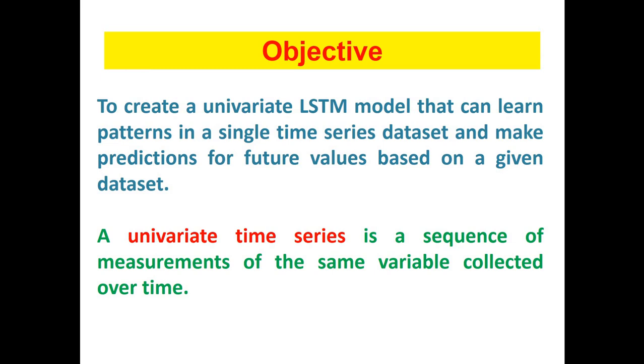The objective of this video is to introduce you to the univariate LSTM model that can learn patterns in a single time series dataset and make predictions for future values based on a given dataset. And what is a univariate time series? These are a few new terminologies you are hearing. It's a sequence of measurements of the same variable collected over time. That is what it means.